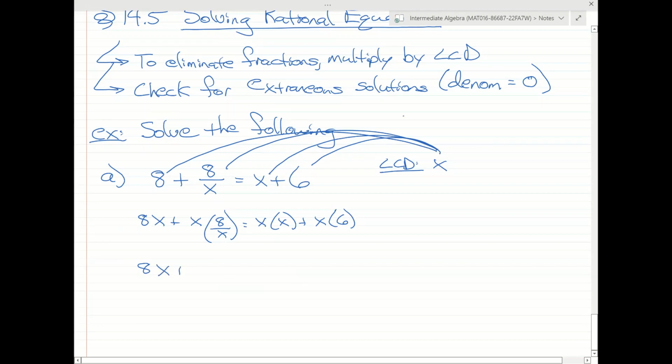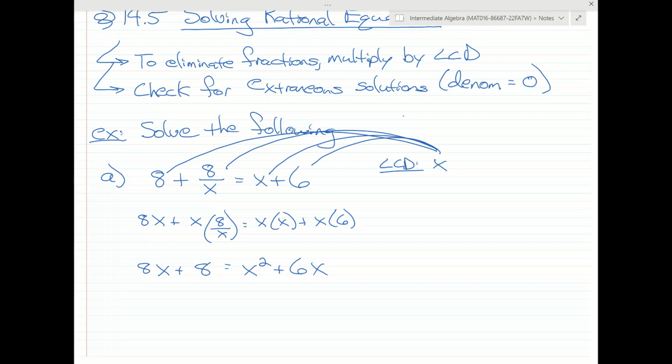which is just 8x plus 8 is equal to x squared plus 6x. So whenever you multiply by the same thing that you divide, those terms cancel out. And then we just want to set equal to 0 and then solve. So just bring the 8x over, bring the 8 over, and we get x squared minus 2x minus 8 is 0.